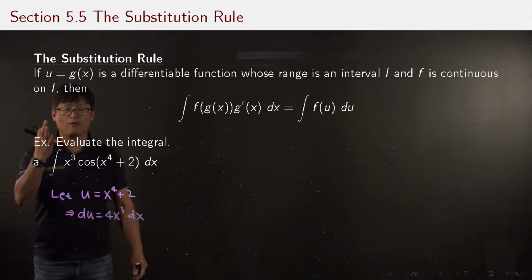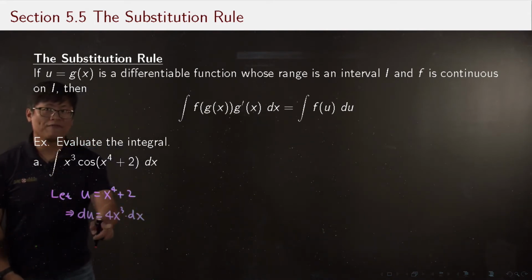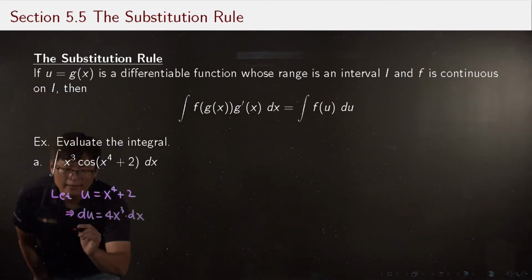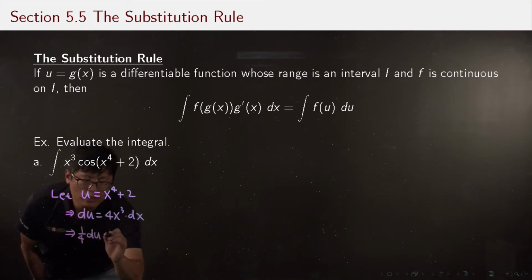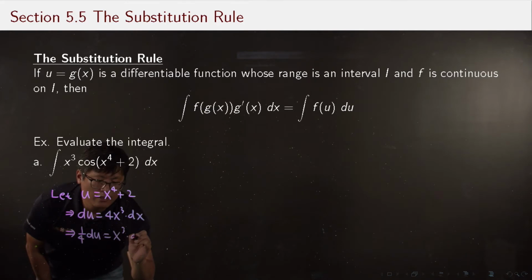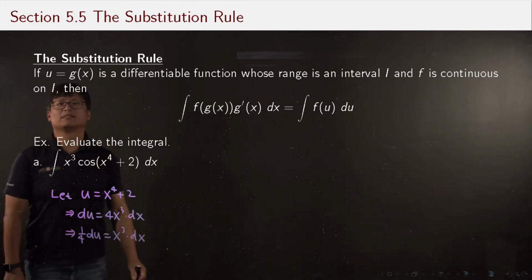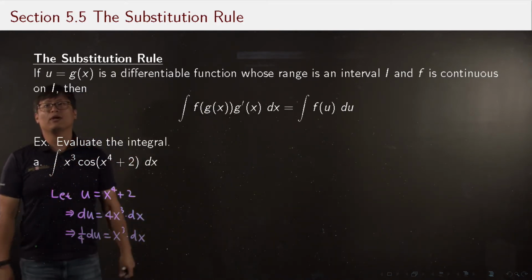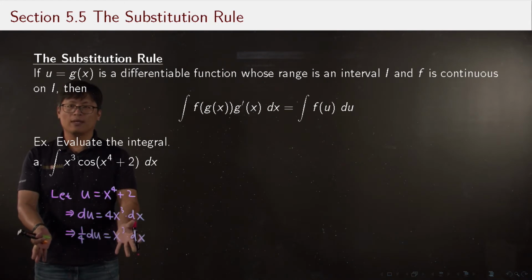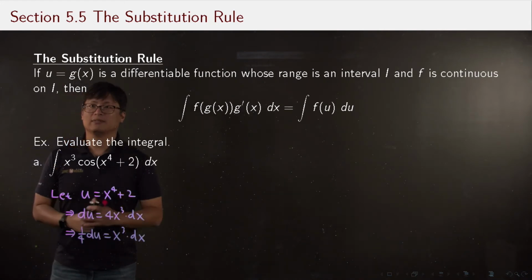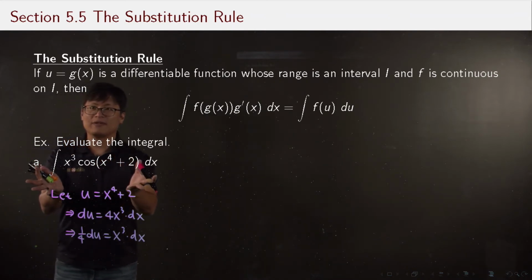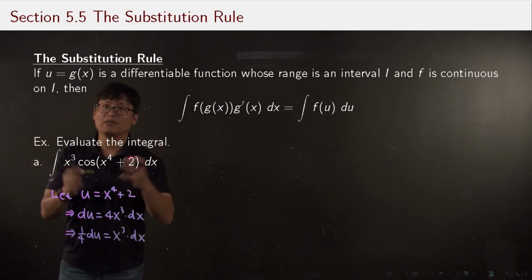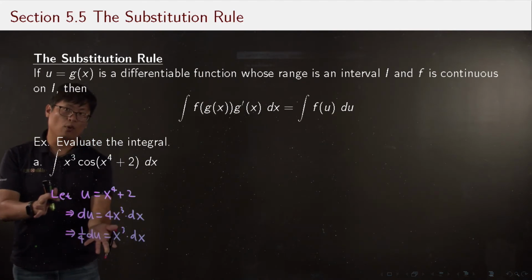Step 3 of the pre-step: I'm going to divide by the coefficient 4 on both sides. Then this will be 1/4 du is equal to x cubed times dx. These are the pre-steps, okay? Now we are ready. What we're going to do is the puzzle. This indefinite integral itself is the puzzle, and we have all the pieces.